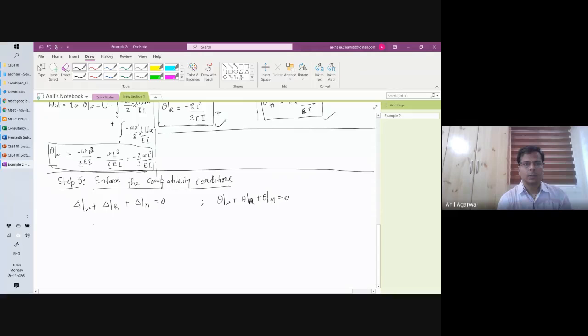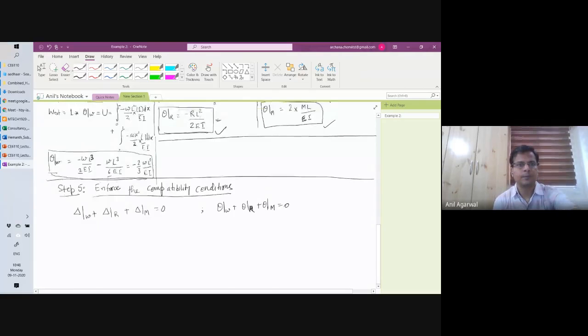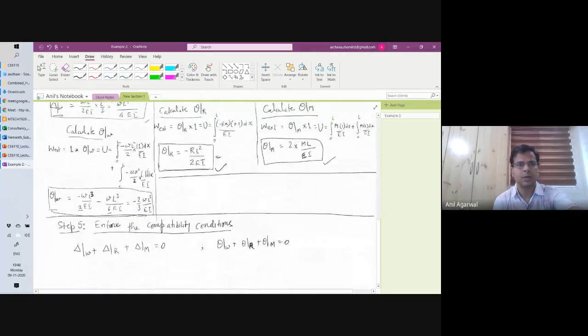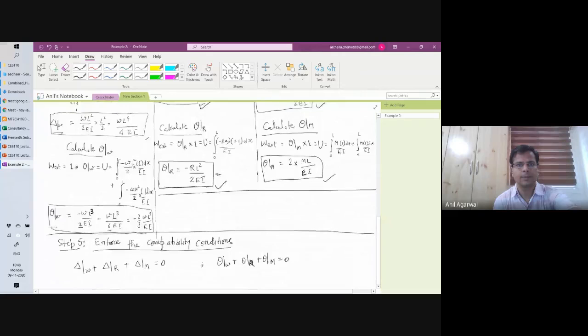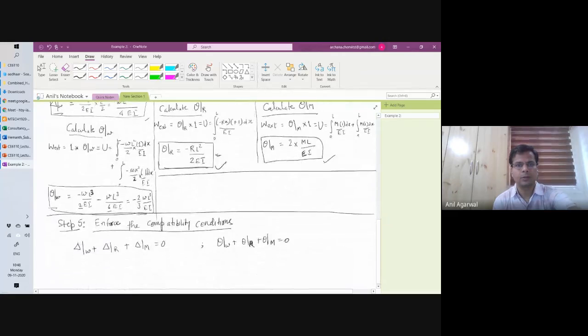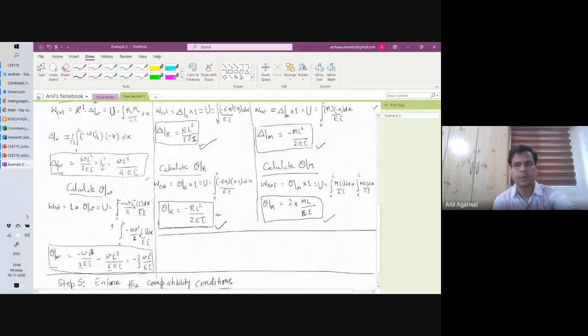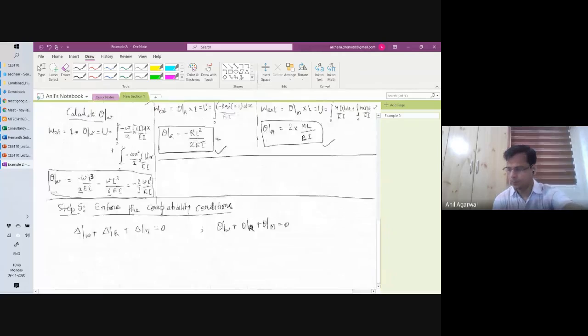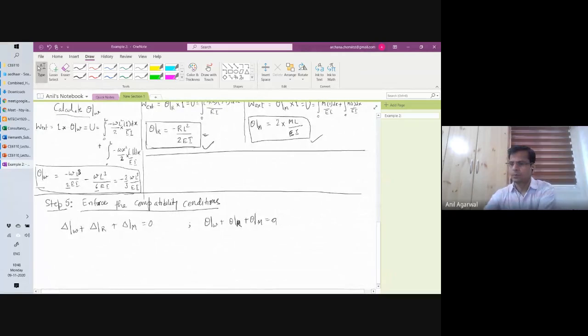So we see W L to the power 4 by 4 EI, R L cubed by 3 EI, M L squared by 2 EI. I'll just write the equations, and the solving part you can do on your own.